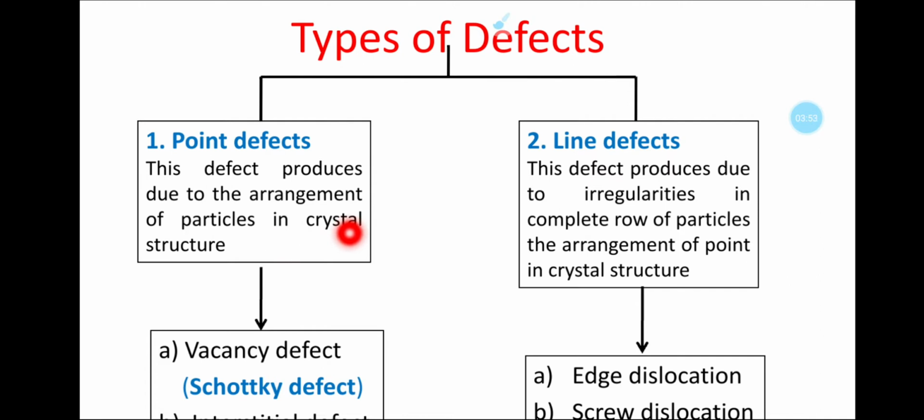That means a particle may dislocate from its original position, or the particle may be absent, creating a vacancy at that lattice point or between the lattice space. Line defect is produced due to irregularities in a complete row of particles or a plane of particles in the close-packed crystal structure.